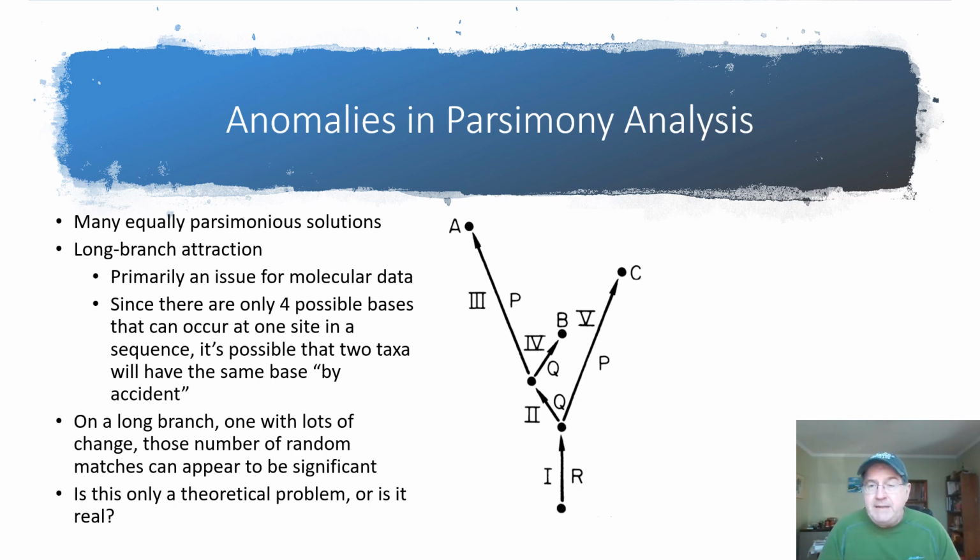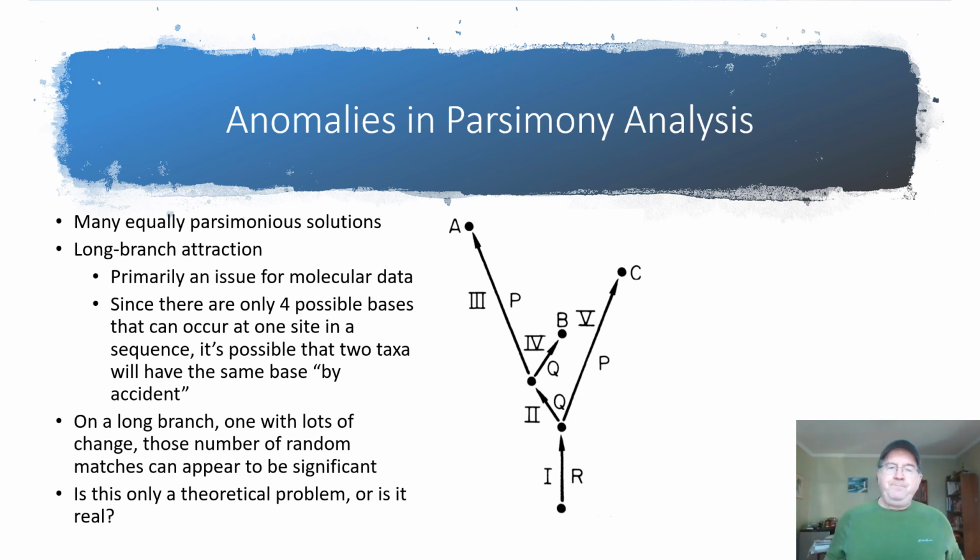Anyway, many equally parsimonious solutions could exist, and those are usually expressed in those polytomies, that are statements of ignorance about what the right answer is for resolving that polytomy into a series of dichotomous relationships.